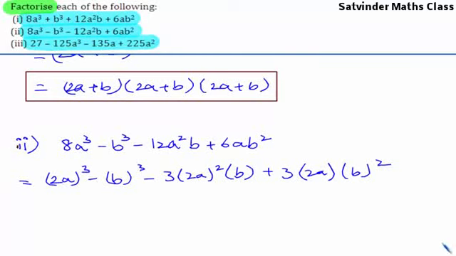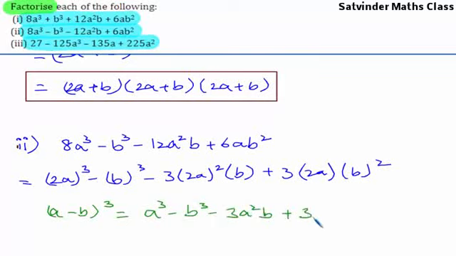Now let us recall the identity a minus b whole cube is equal to a cube minus b cube minus 3a square b plus 3ab square.